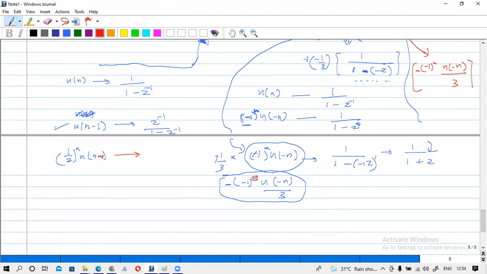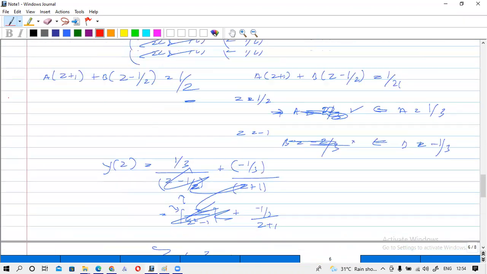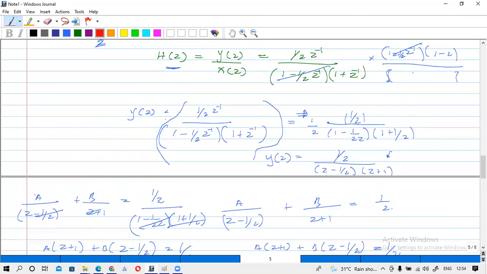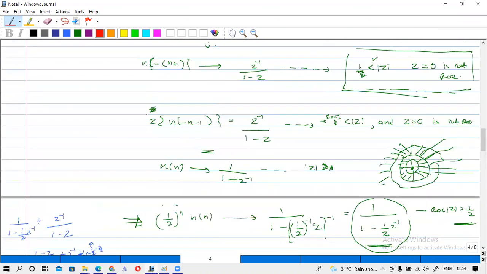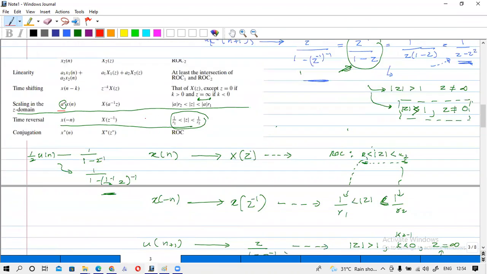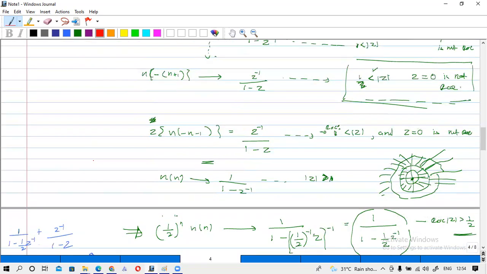All z should be replaced by half z, no? Half minus 1 z, okay, half minus 1 z.